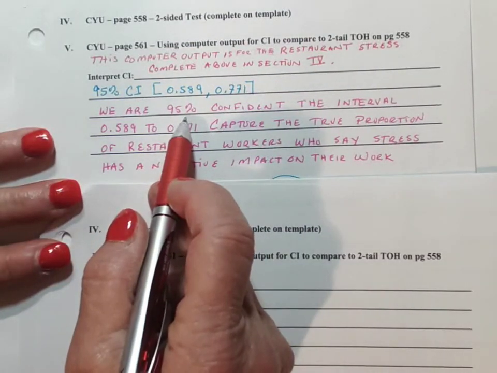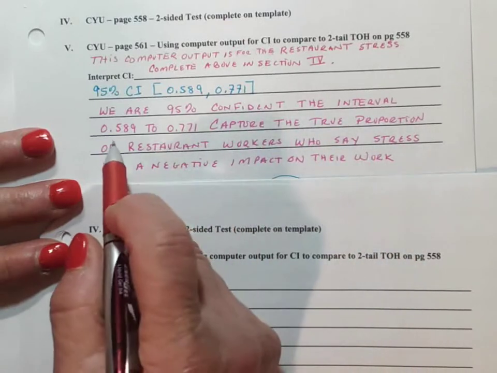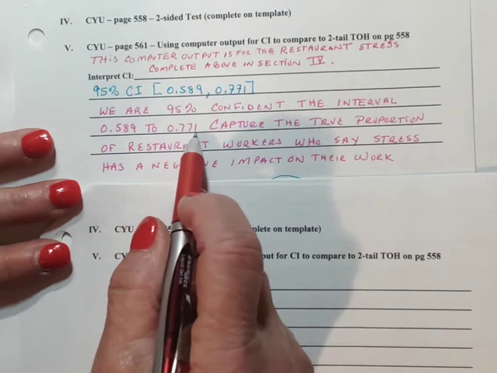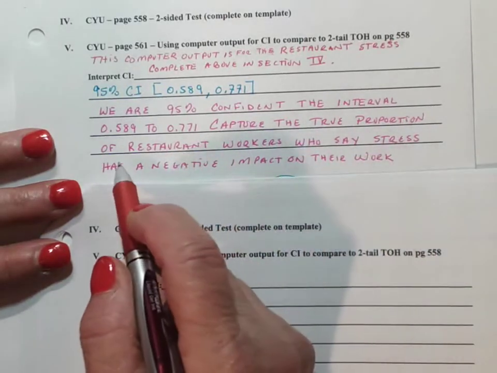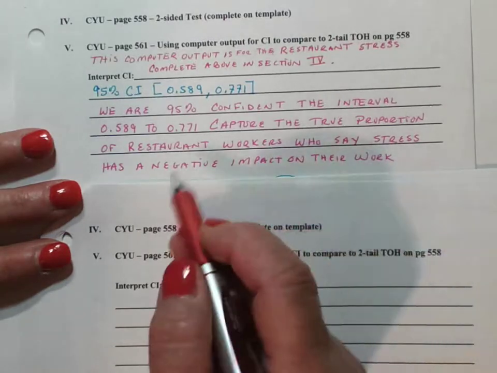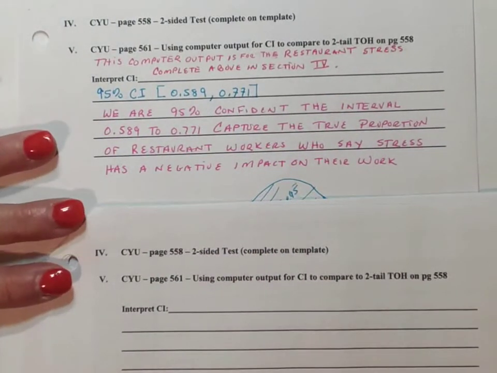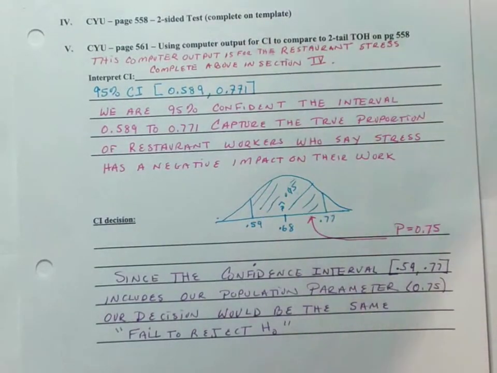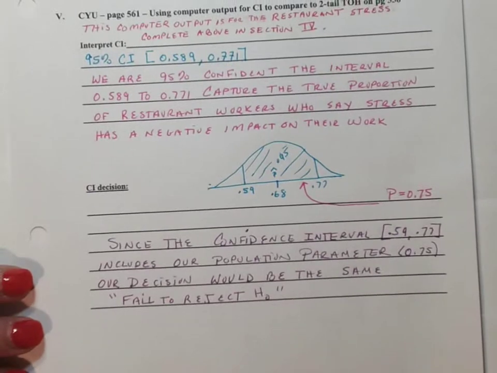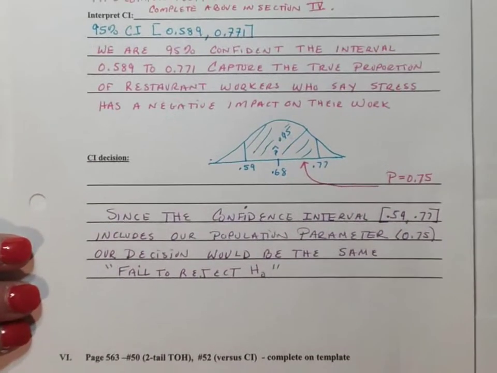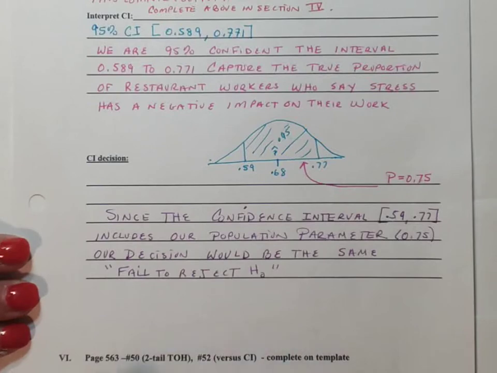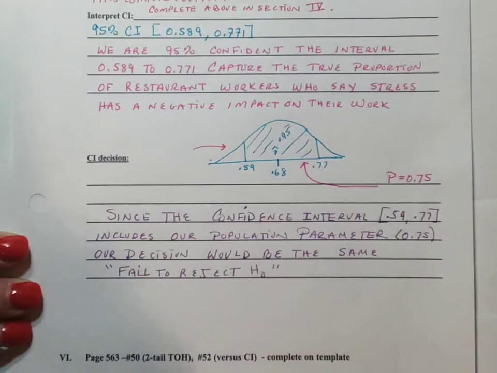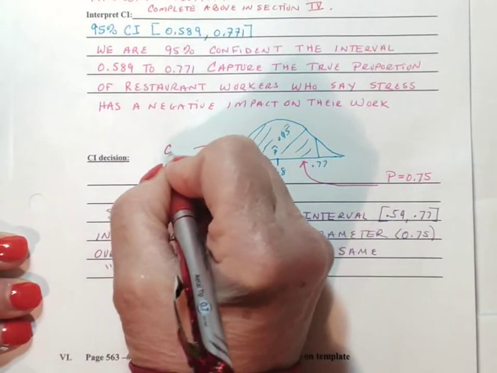We are 95% confident the true interval from 0.589 to 0.771 captures the true proportion of restaurant workers who say stress has a negative impact on their work. Right? So this is our confidence interval.